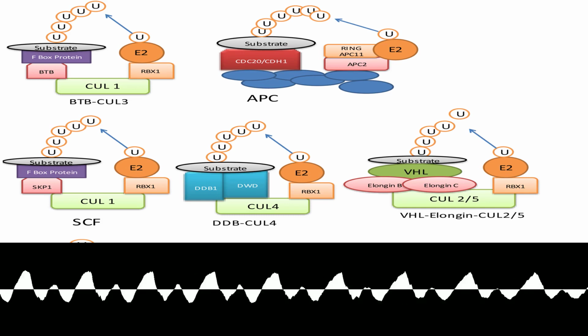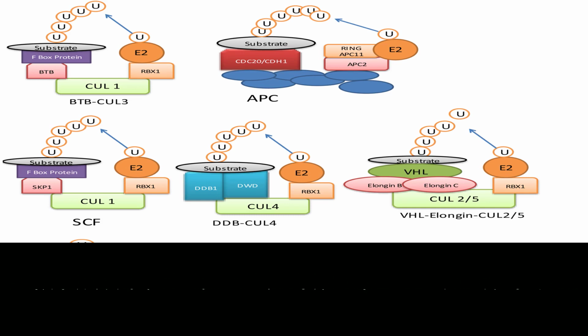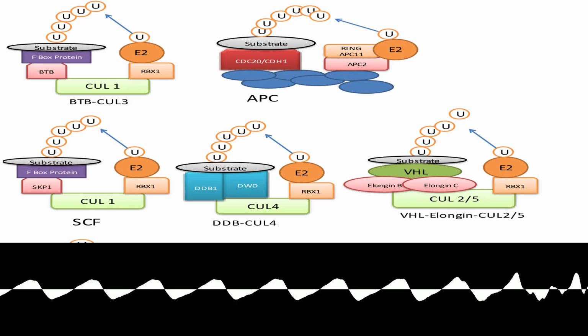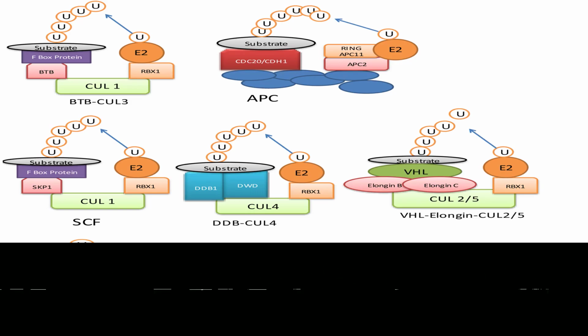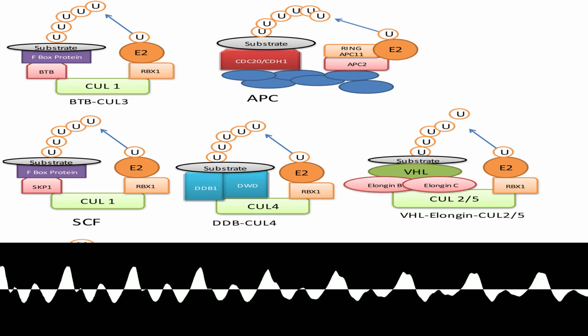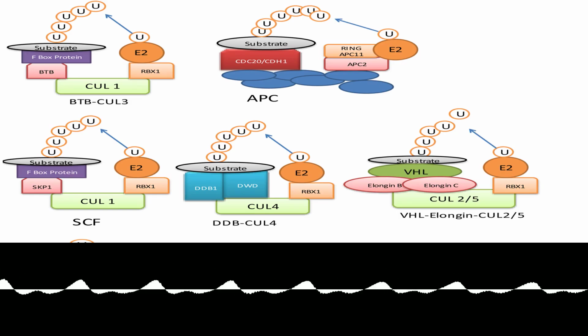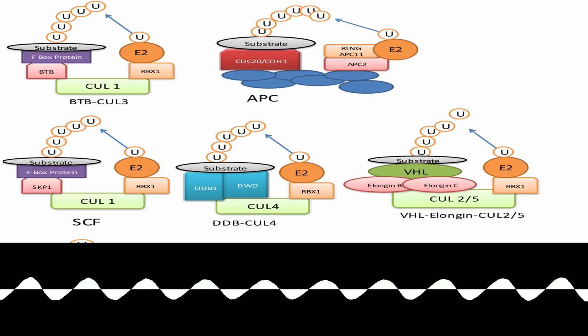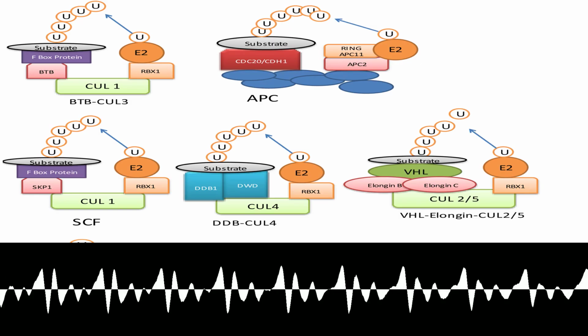E1, the ubiquitin-activating enzyme, forms a thioester bond with ubiquitin in an ATP-dependent manner. This activated ubiquitin is then transferred to E2, a ubiquitin-conjugating enzyme. Finally, E3, a ubiquitin ligase, facilitates the transfer of ubiquitin from E2 to the target protein.